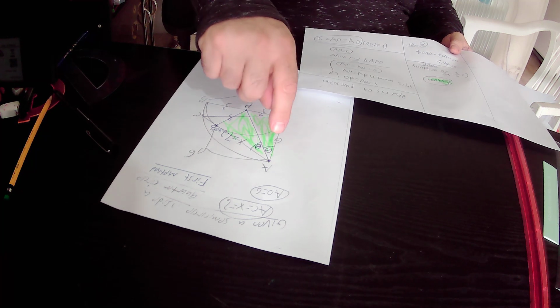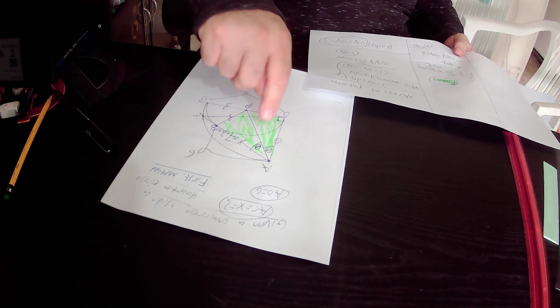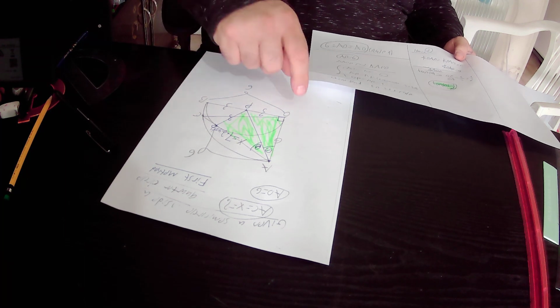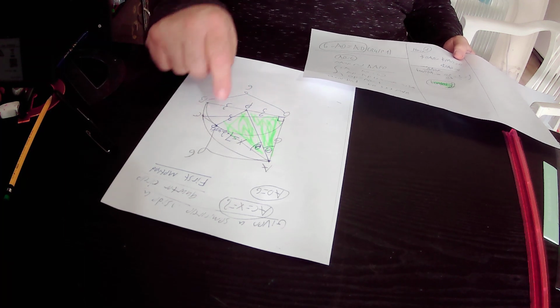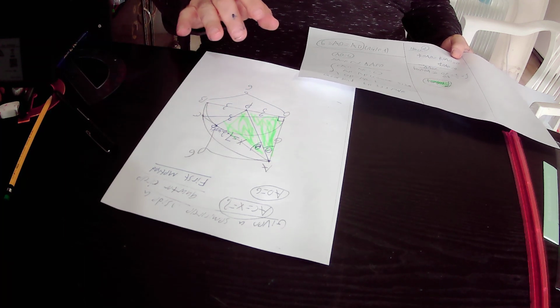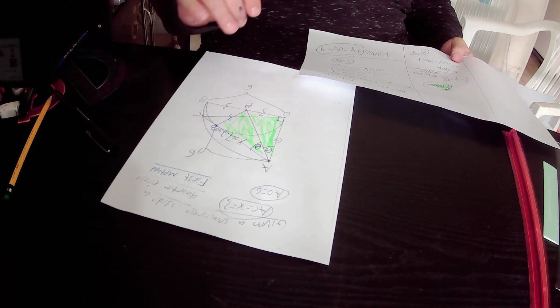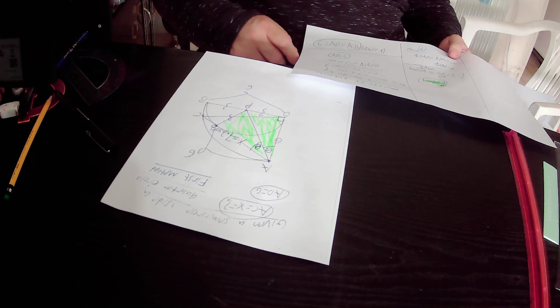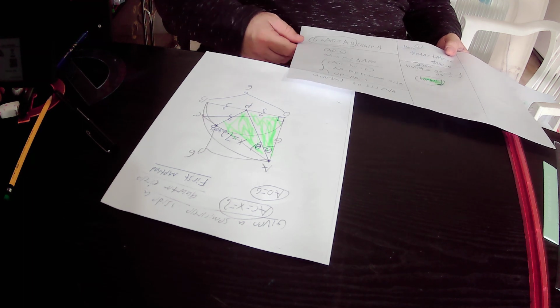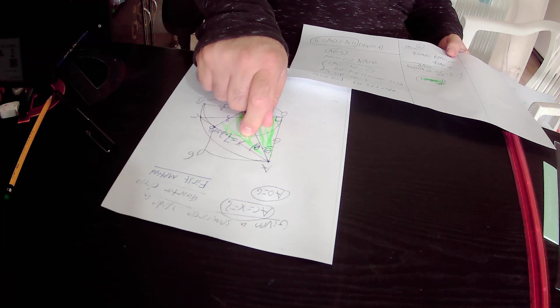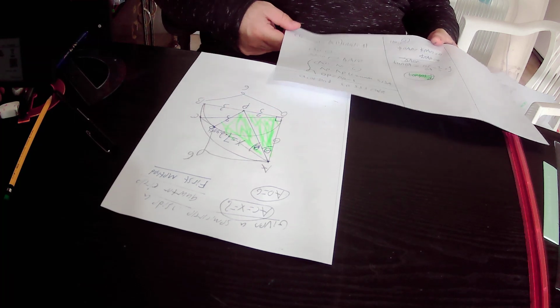In addition, AP is the common side that belongs to both triangles, so AP equals itself, and OP equals PD equals 3 units. It is the radii of the semicircle, therefore they are equal to each other. So we prove that those two right green triangles are congruent to each other according to the side rule.